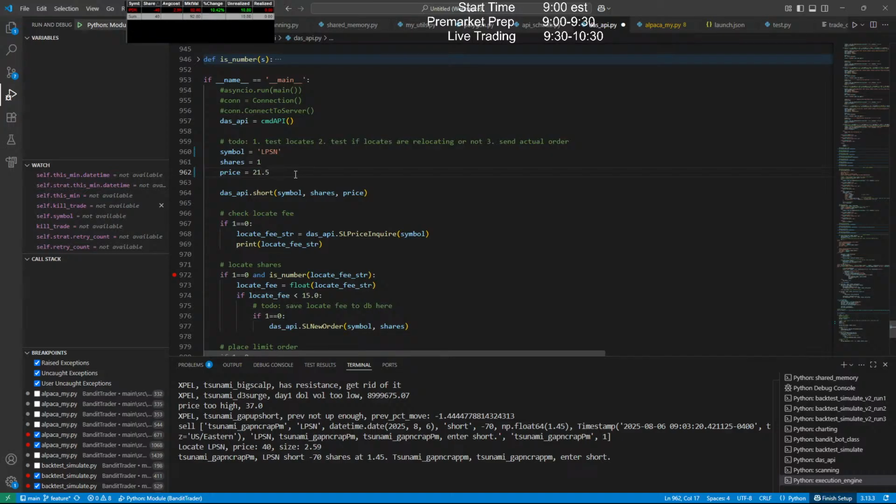It looks like that short's gonna work too. Okay, maybe that'll do it.